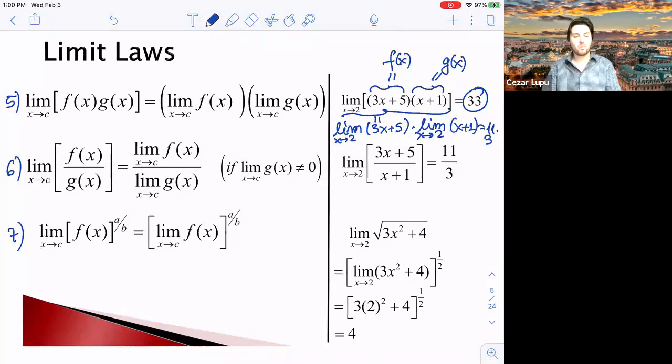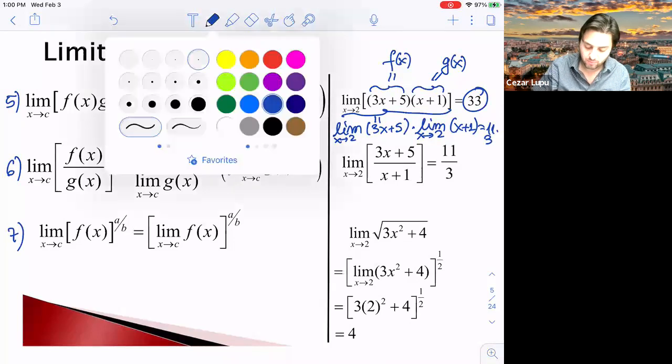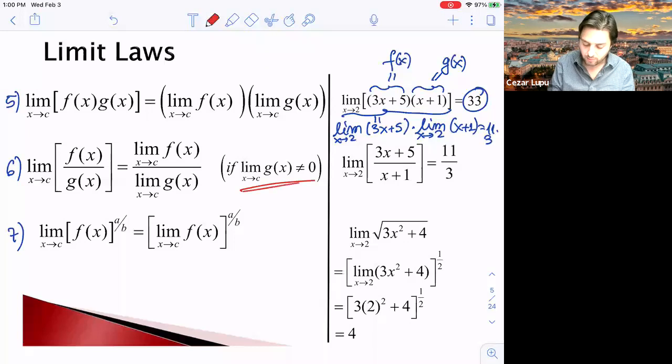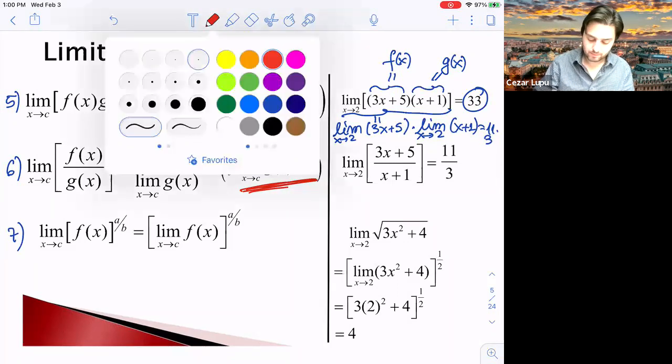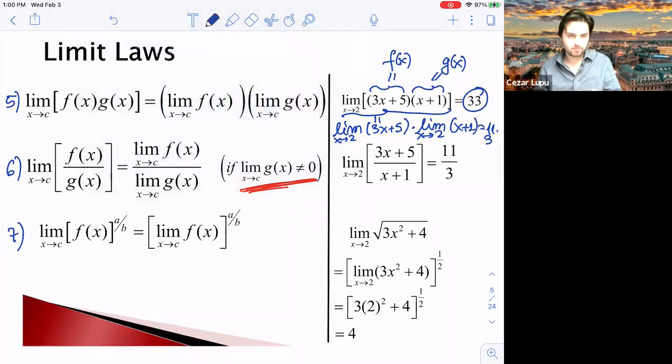Provided that, and I want you to pay attention because this is important, we said this at the beginning, the limit of the denominator is not 0. Keep that in mind, right? So this is quite expected. It's common sense at the end of the day. All right. And now let's see.